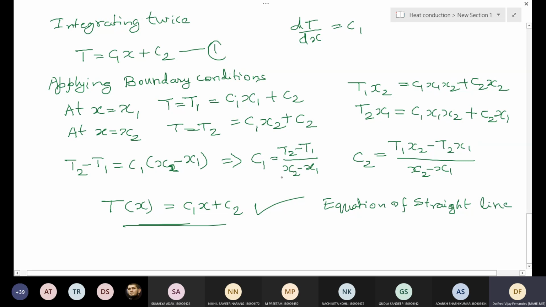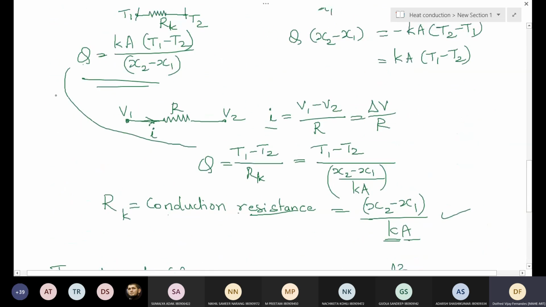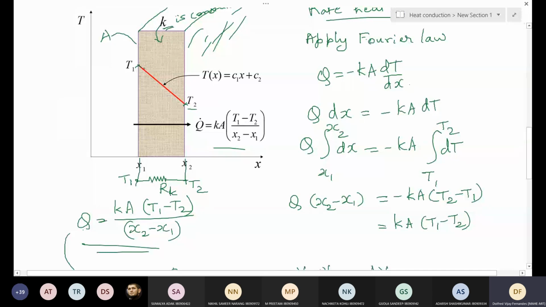I have shown this before in the figure. So the temperature profile is a straight line for a planar wall, T of x equal to C1x plus C2, just joining these two points.